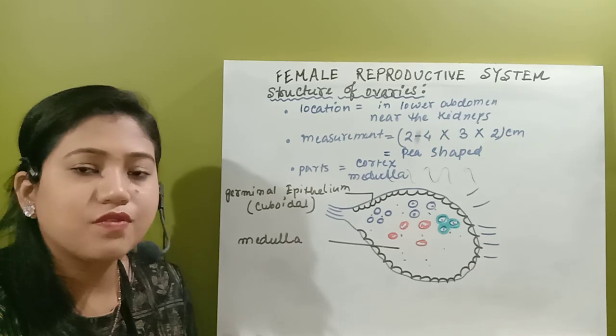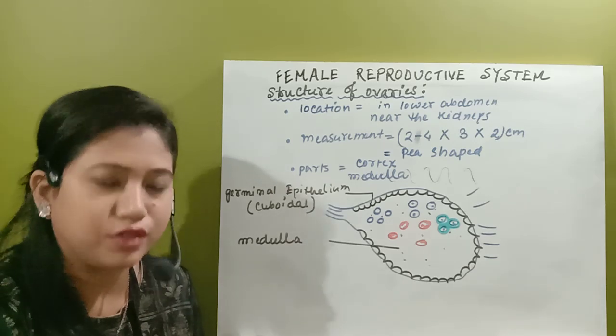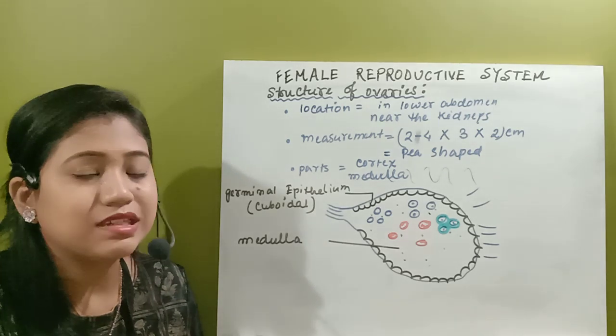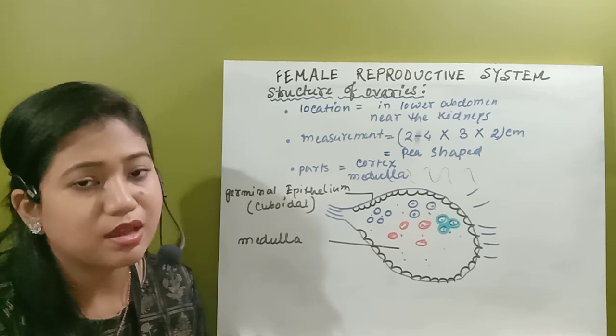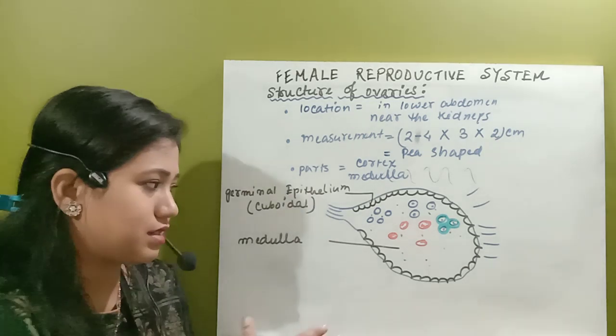Those millions of cells would require lots of nutrients. So that will go in vain. So that's why the body starts to degenerate most of these cells.